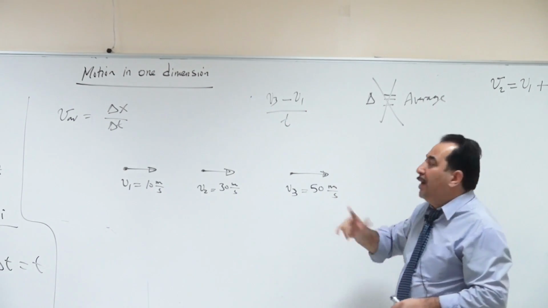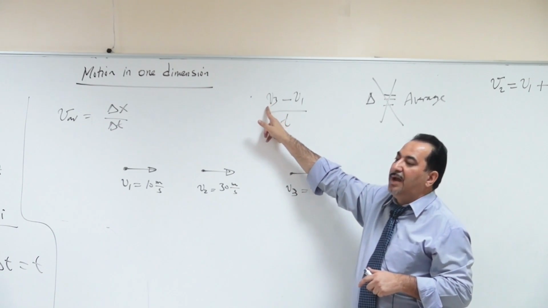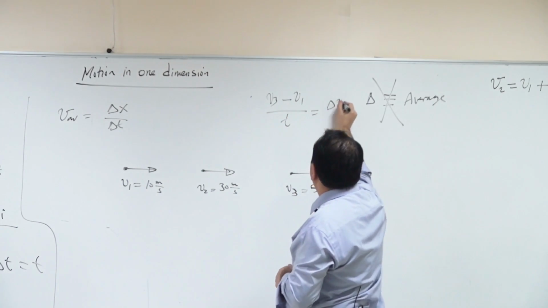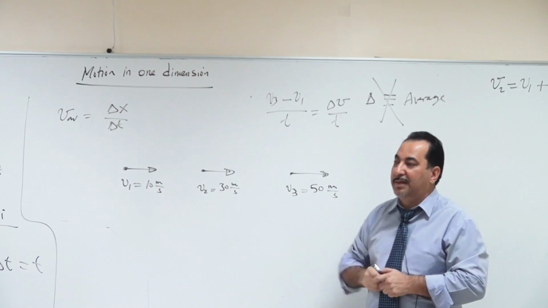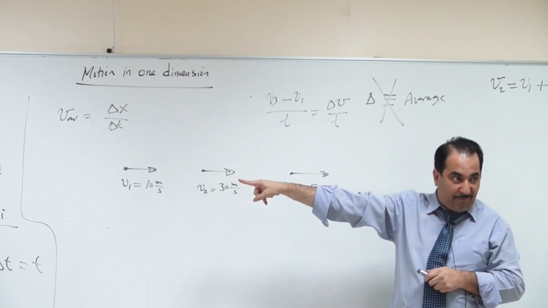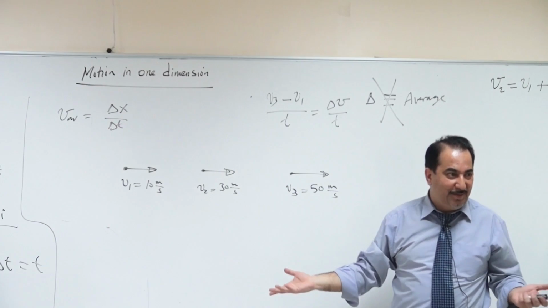Number two, if I look at this one, when you say V final minus V initial, what is that? Delta V. When you divide it by T, what is that? Acceleration, yes? Average. So this is not average velocity.